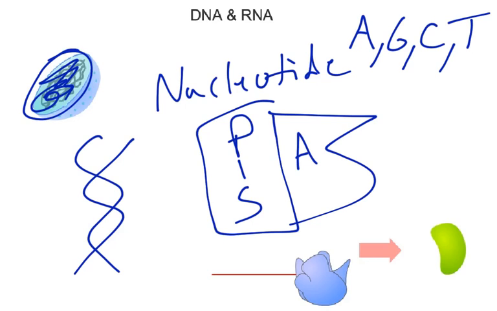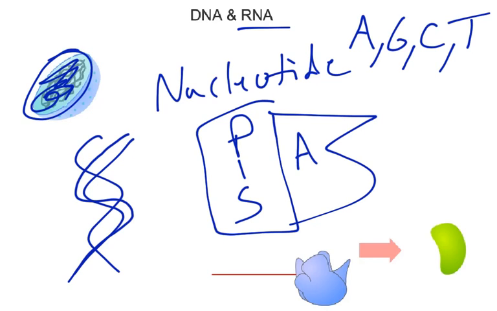Okay? And DNA can't leave the nucleus, so we have to have something else to send the message, to send the blueprints from DNA to the cell, so everybody knows what they're doing. And that's where RNA comes into play. So along these strands here, RNA comes in and takes messages along the way.